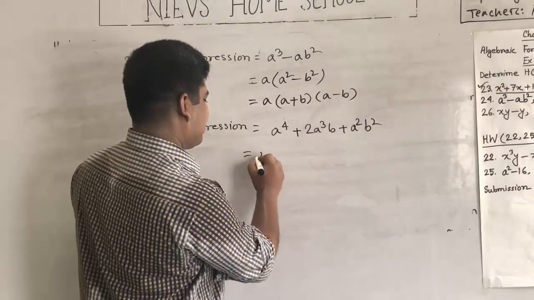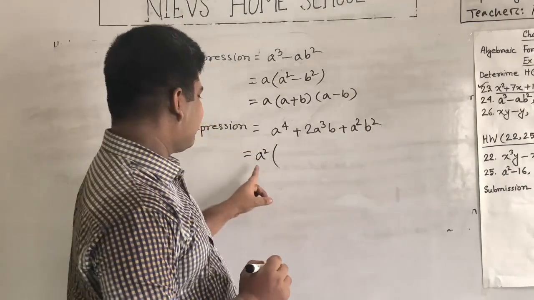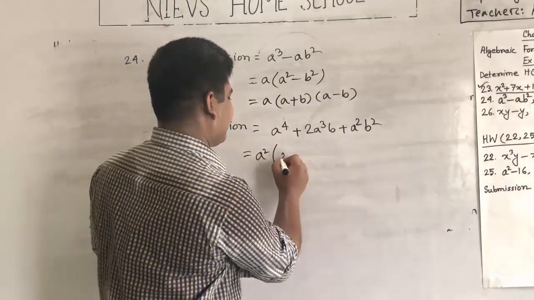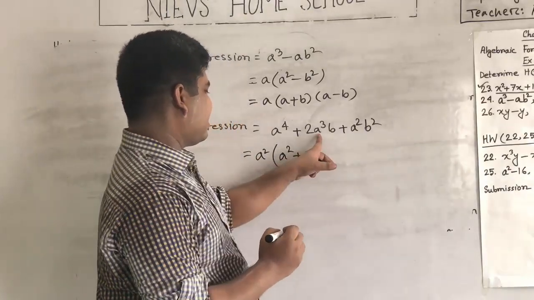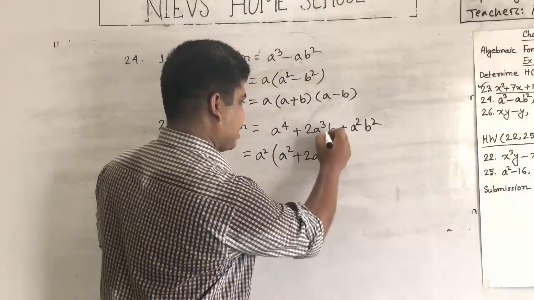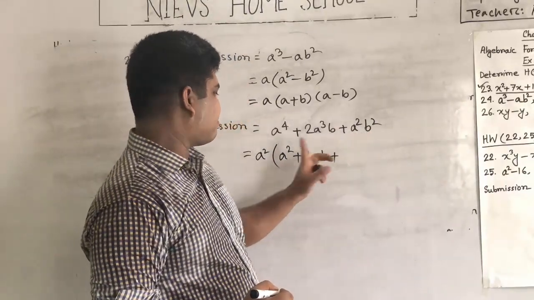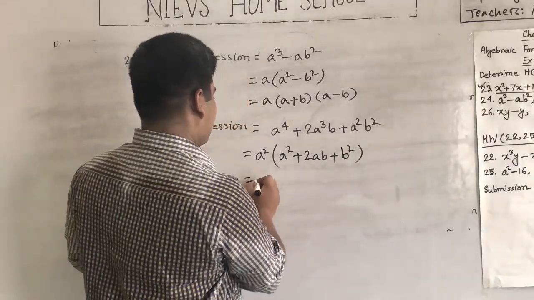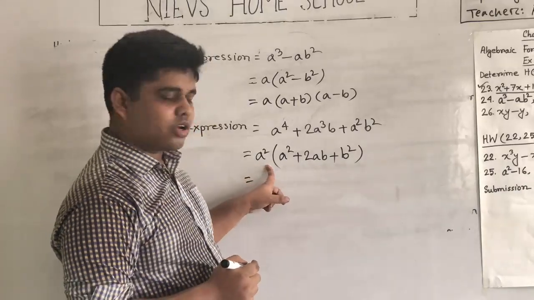So we take a square as the common factor. That means we divide each term by a square. If we divide a to the power 4 by a square, then we get a square. Then if we divide 2a cube b by a square, we get 2ab. And if we divide a square b square by a square, we get b square. My dear students, I hope you have understood how to take a factor as common.